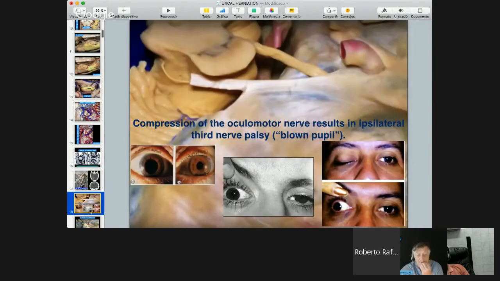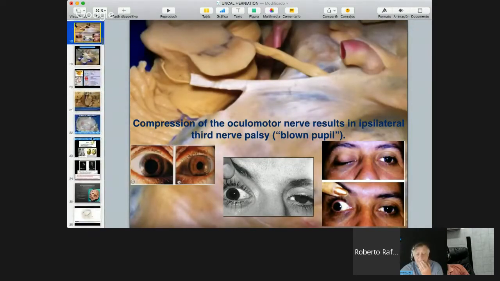Regarding the clinic that the hippocampal herniation produces, it is very important to consider the relation between this free edge of the tentorium and the third nerve.